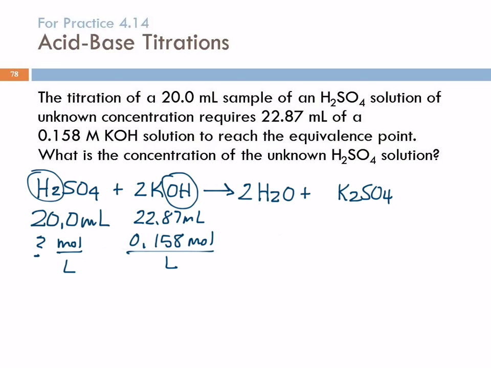So this is a volume stoichiometry problem. Volume of one thing to moles to moles. What we need here to find out is the moles of sulfuric acid. They gave us the volume. So our path here is going to be milliliters of sodium hydroxide to moles of sodium hydroxide.